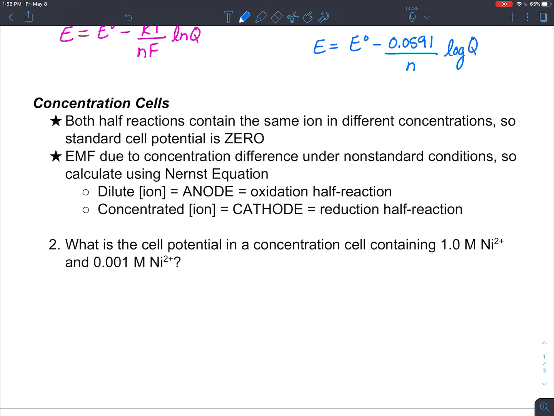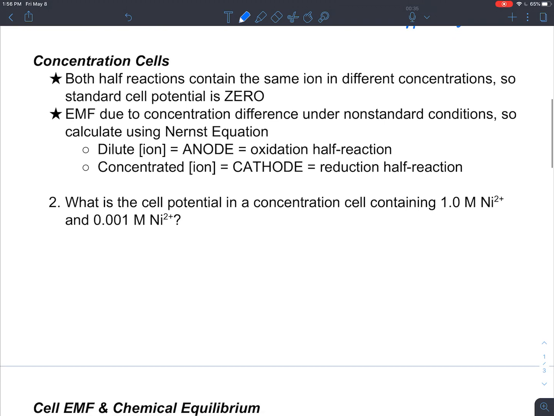Okay, so what is the cell potential in a concentration cell containing 1.0 molar Ni2+ and 0.001 molar Ni2+?